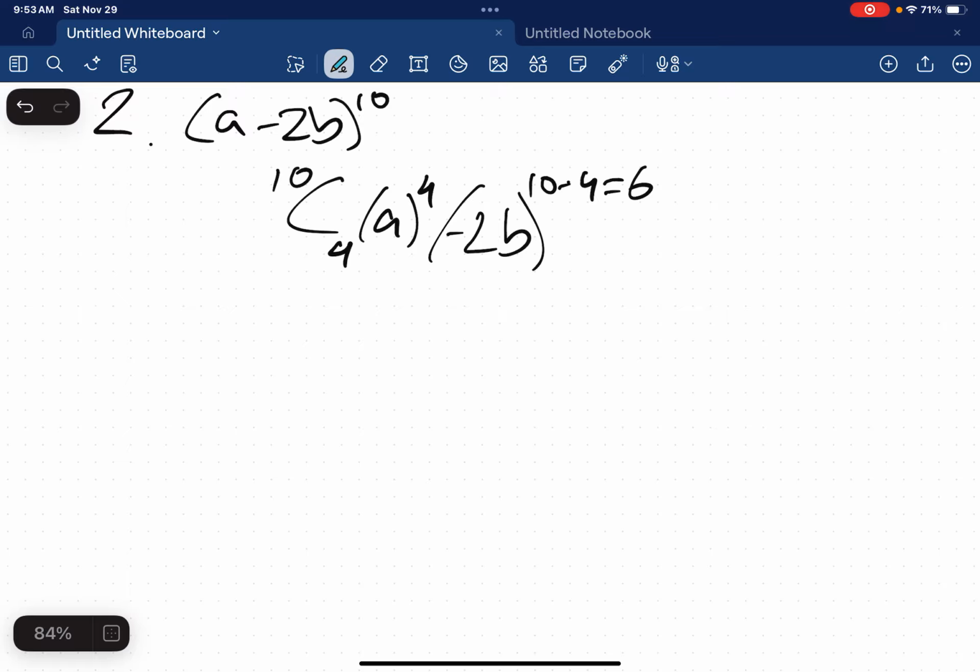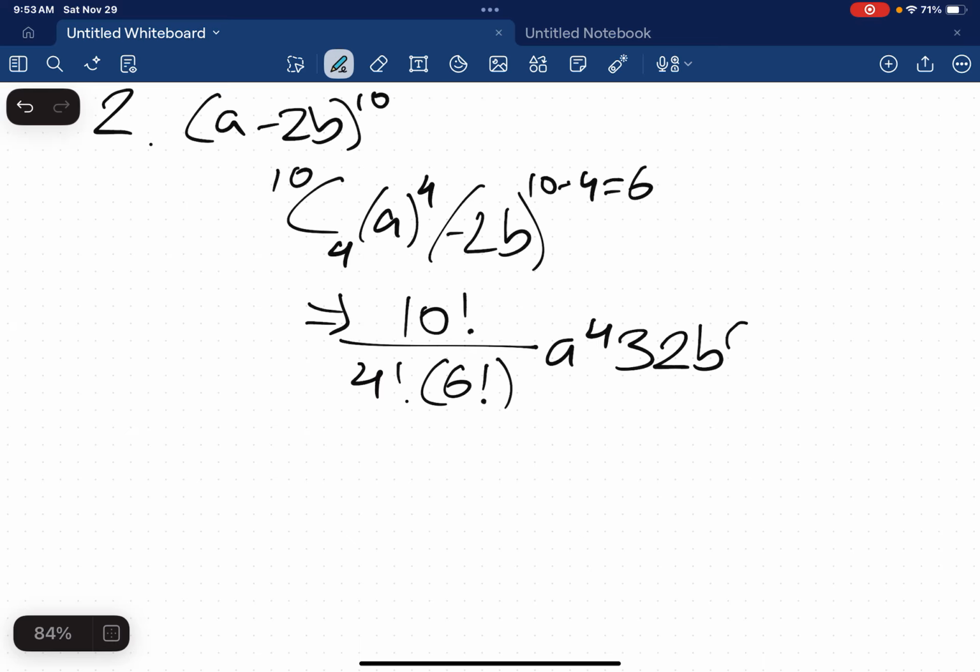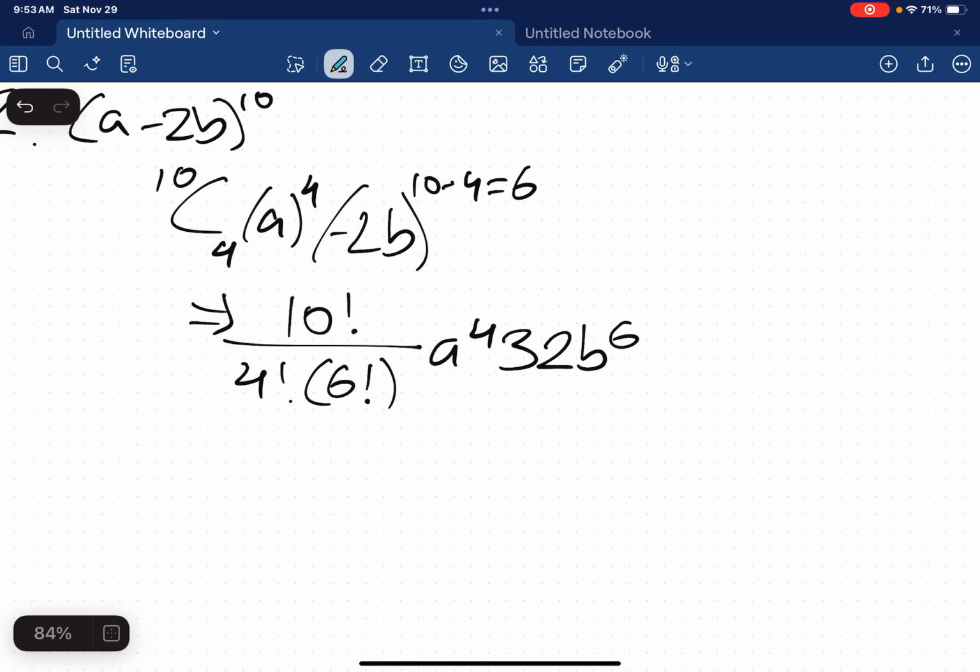Which means that the final answer is, I'll actually write this one out. 10 factorial over 4 factorial, 6 factorial, a to the 4th, 2 to the 6th, which is 32, b to the 6th, which is equal to 3,360 a to the 4th b to the 6th.